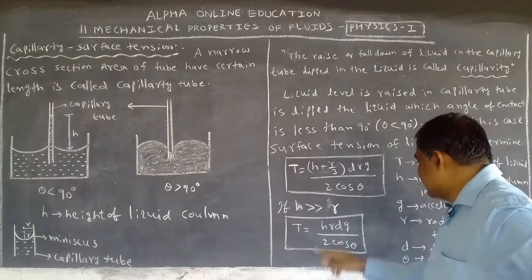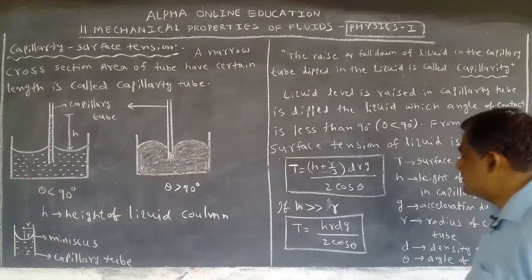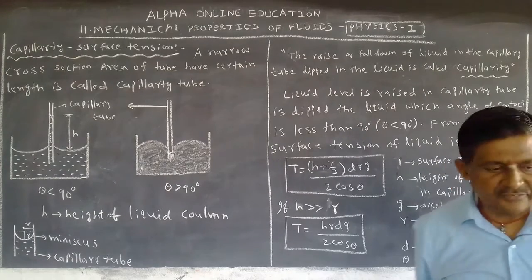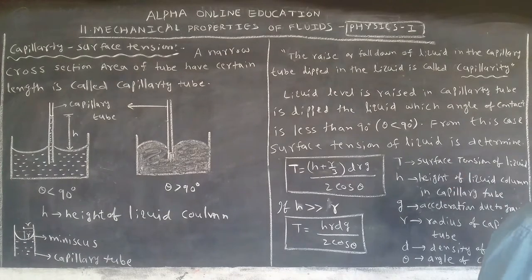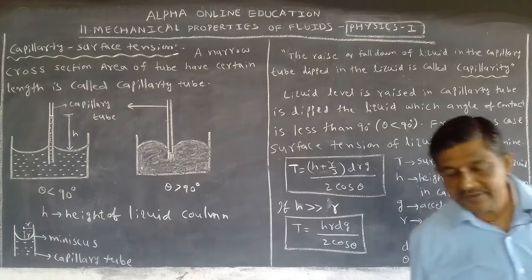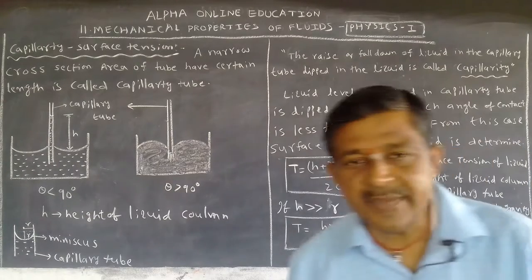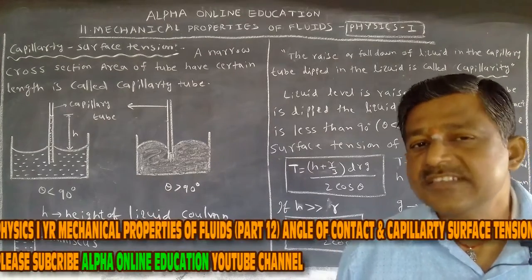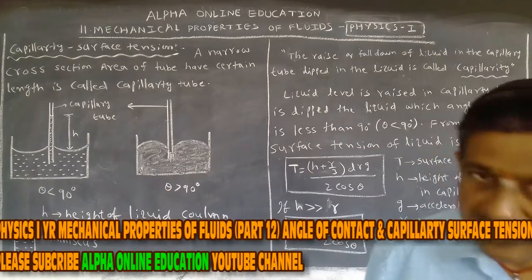So the equation becomes T = h d r g / (2 cos theta). With the help of this, we calculate the surface tension of the liquid by the capillary method, that is, by capillarity.